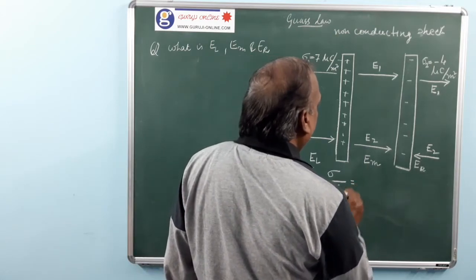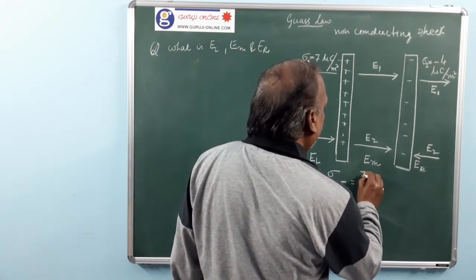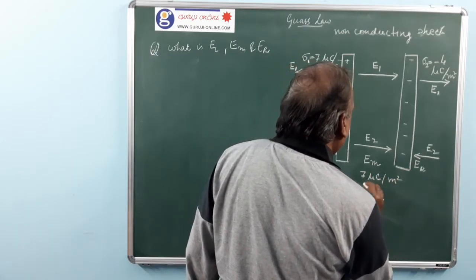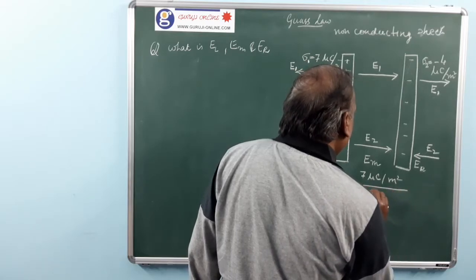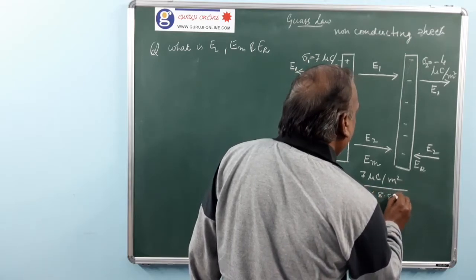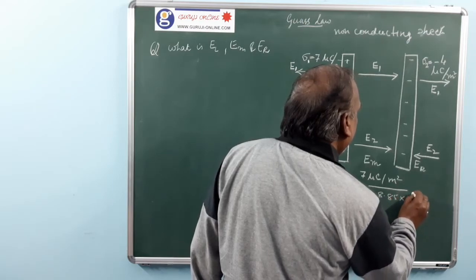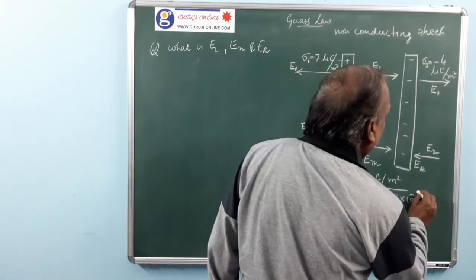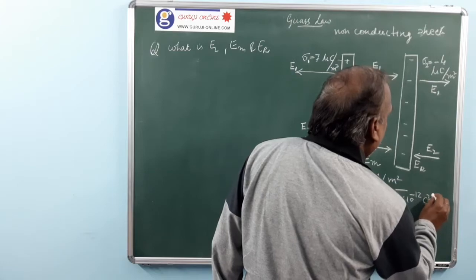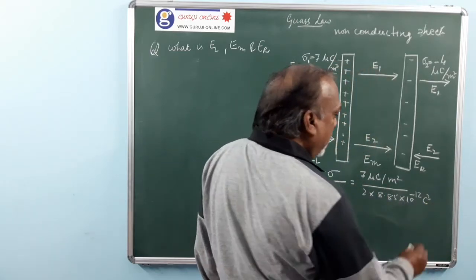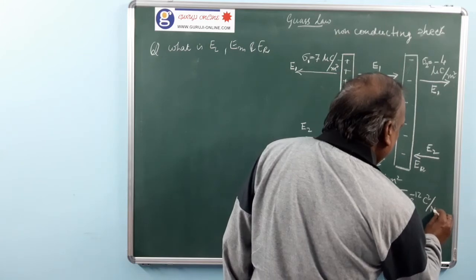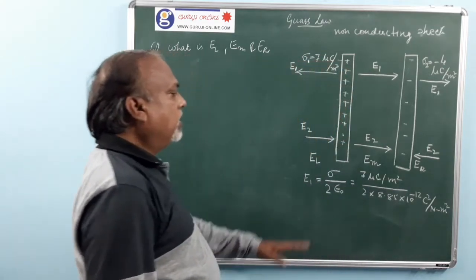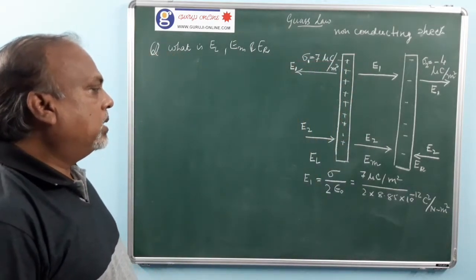So this will become your 7 microcoulomb per meter square upon 2 into 8.85 into 10 raised to minus 12 coulomb square upon newton meter square. You have to take care of the units.